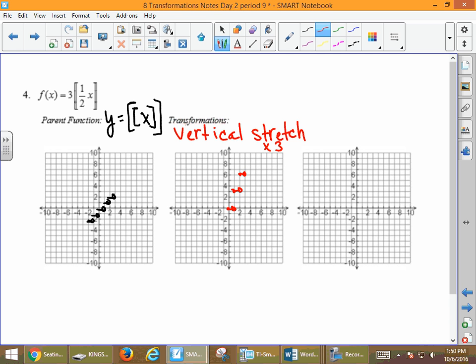We can follow the same pattern when we go down here for our negative stair steps. We had a step at -1. Now it's going to be at -3. And again, very hard for me to draw. And then at -6, we had a stair step at -2. -2 times 3 is -6.